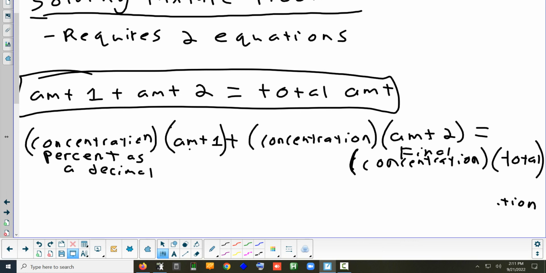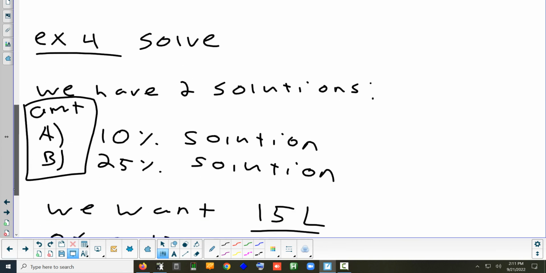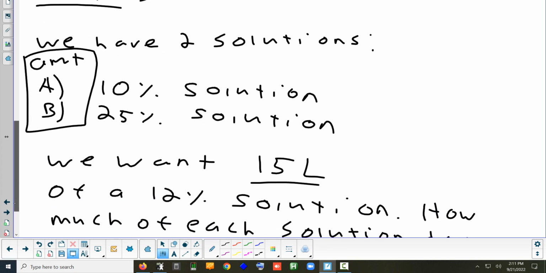So how much of the 10% solution are we using? All of it. Right? Well, a certain amount of it, maybe 6 liters, 7 liters, I don't know yet. But we have a variable that represents how much.